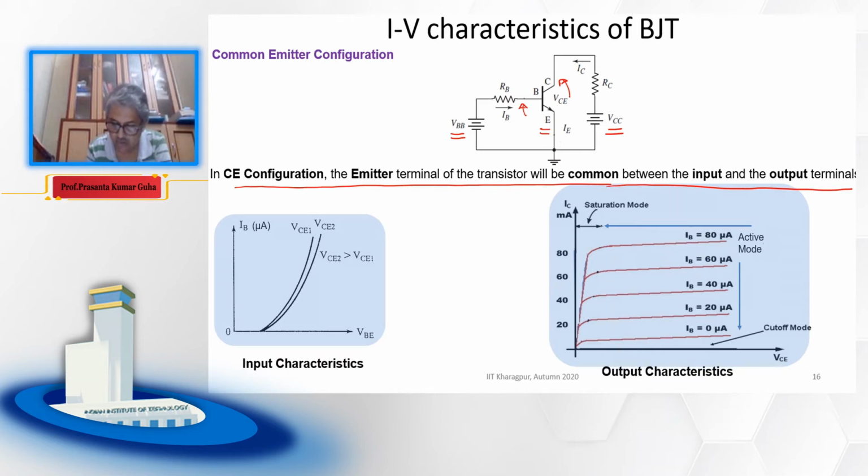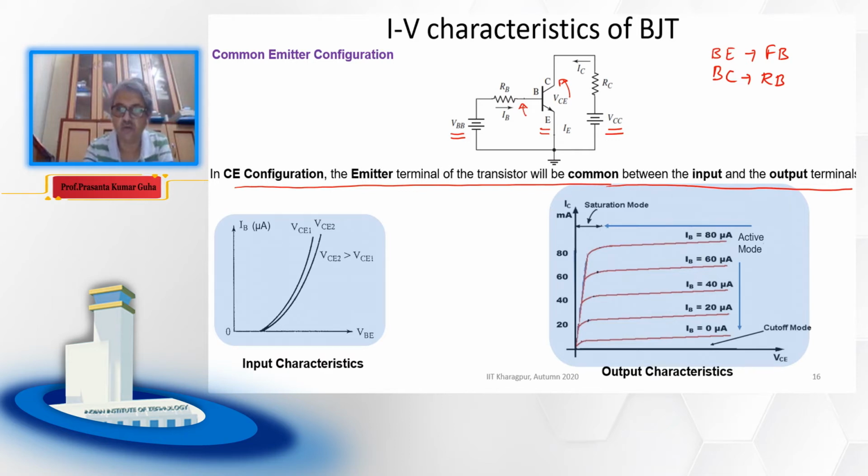Now how am I going to ensure that this base collector junction is reverse biased? You remember, for the majority of our applications, or for amplifier applications, we mentioned that the BJT base emitter junction is forward biased and the base collector junction is reverse biased.